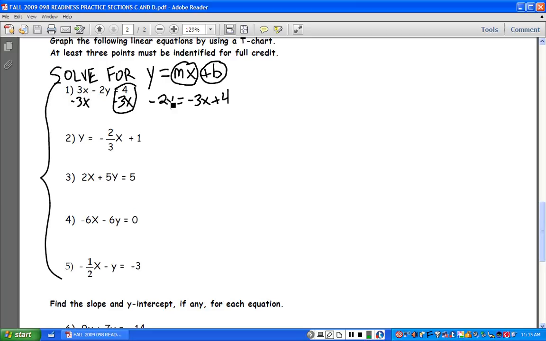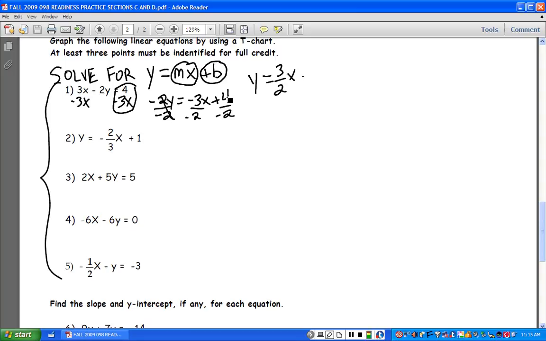Still trying to get y by itself. Now we divide everything by the negative 2. That cancels. Negative 2 here, negative 2 here. So now we have our y equals. Now notice, we have a negative 3 over a negative 2. Negative over a negative when we're talking division gives us a positive. So we rewrite it as a positive 3 over 2x.